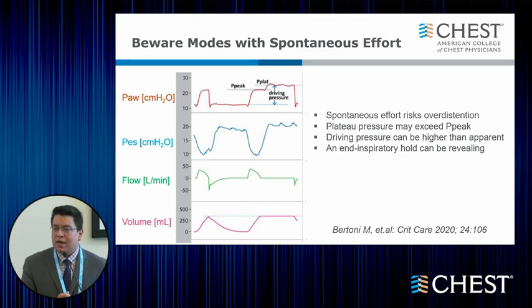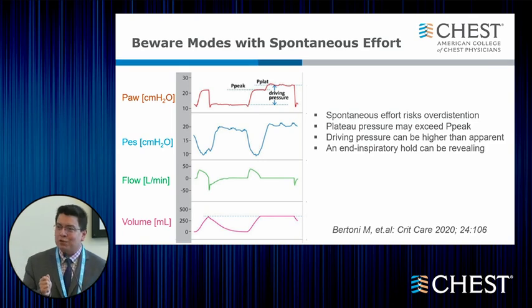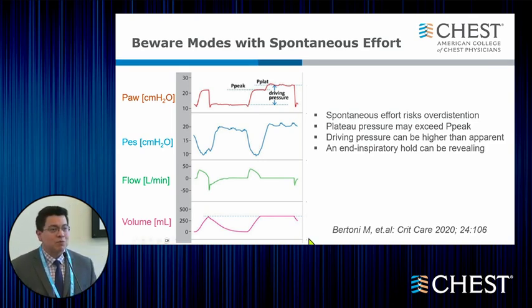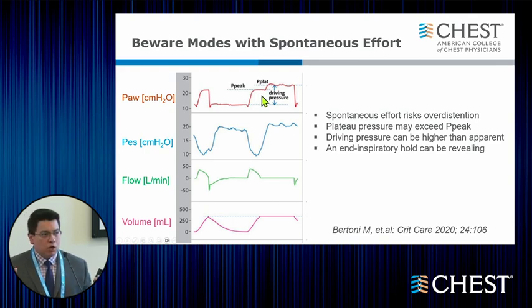Also important to remember, the driving pressure can actually be higher, or your plateau pressure can actually be higher than your peak pressure, which is sometimes a misconception. Looking at your peak pressure, if it is 25, well, there's no way your plateau pressure is more than 30. Well, remember the equation of motion, right?